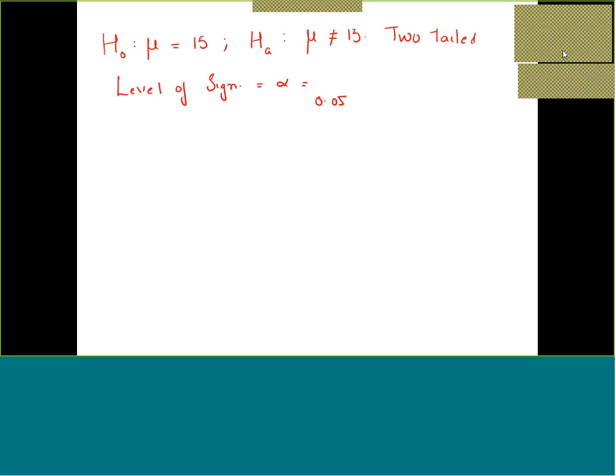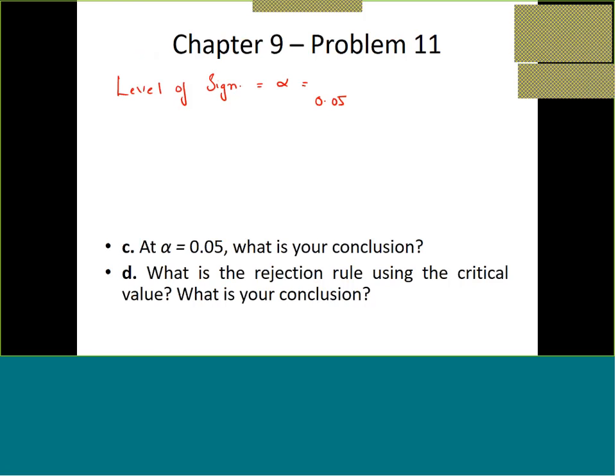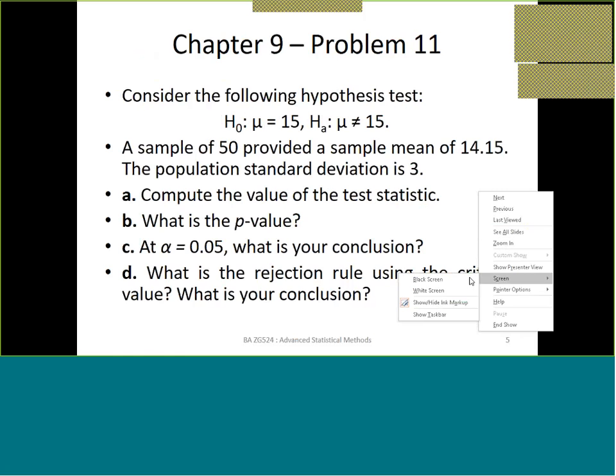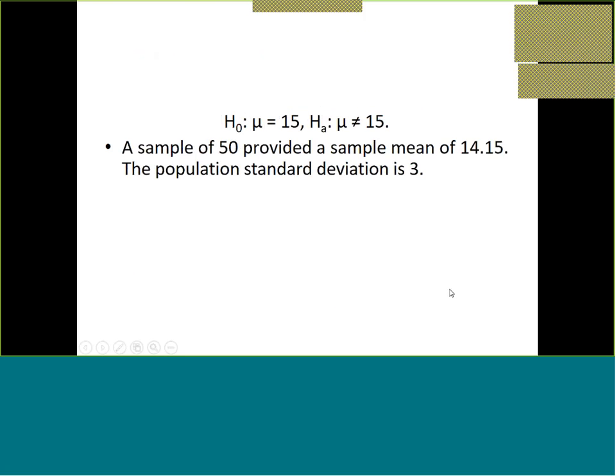Alpha is 0.05. Now you have to calculate the p-value. For that reason, the other data also you need to write. So in this question, they have given sigma.